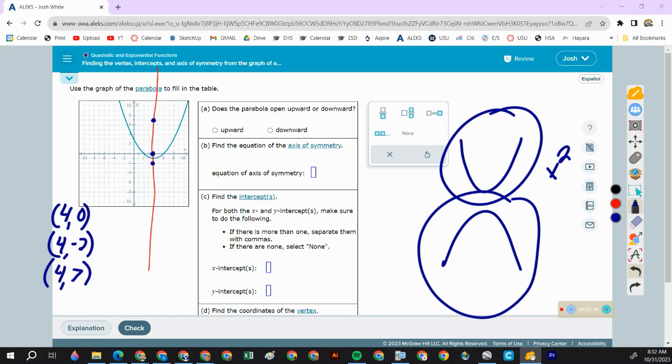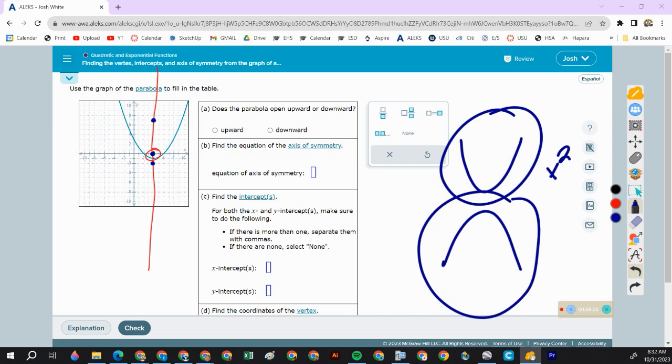So that's the equation of the line. x equals 4. So the axis of symmetry is the line that divides the parabola into 2 equal halves. And the equation of that line is going to be whatever the x value is. x equals 4. That means no matter what y is, x is equal to 4.